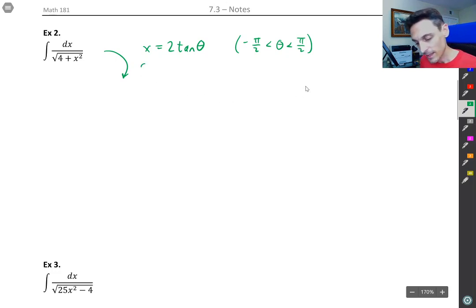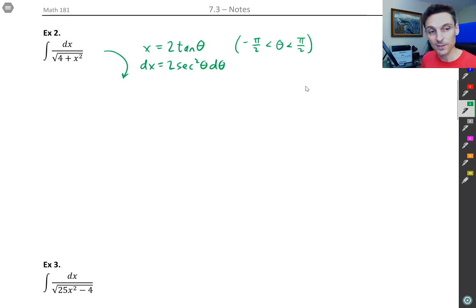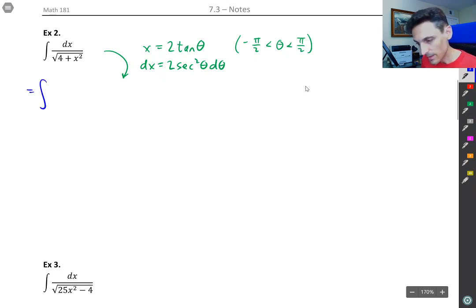So we have dx will be 2 secant squared theta d theta. When we take the derivative of tangent, remember it's secant squared theta. And when we make all the replacements, we get the integral of 2 secant squared theta. That's the dx that I'm going to put on the top. I'll put the d theta out there as a reminder, so don't forget that.